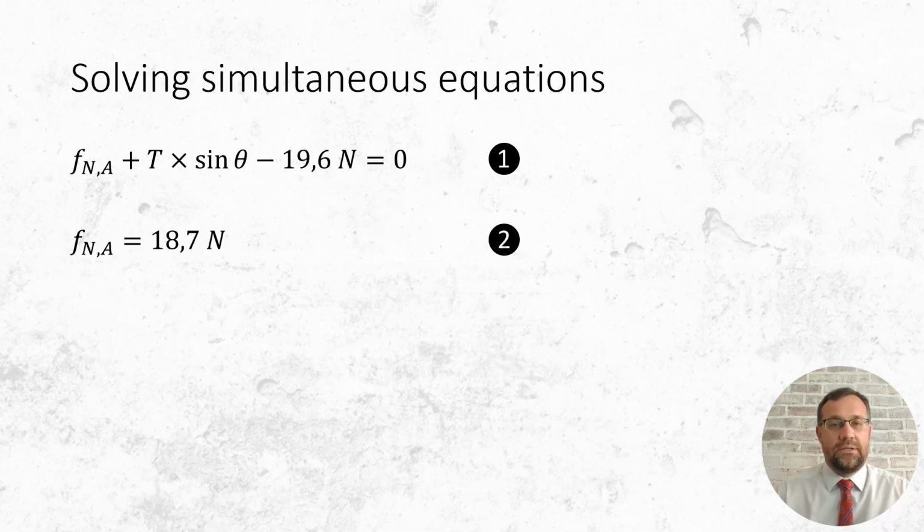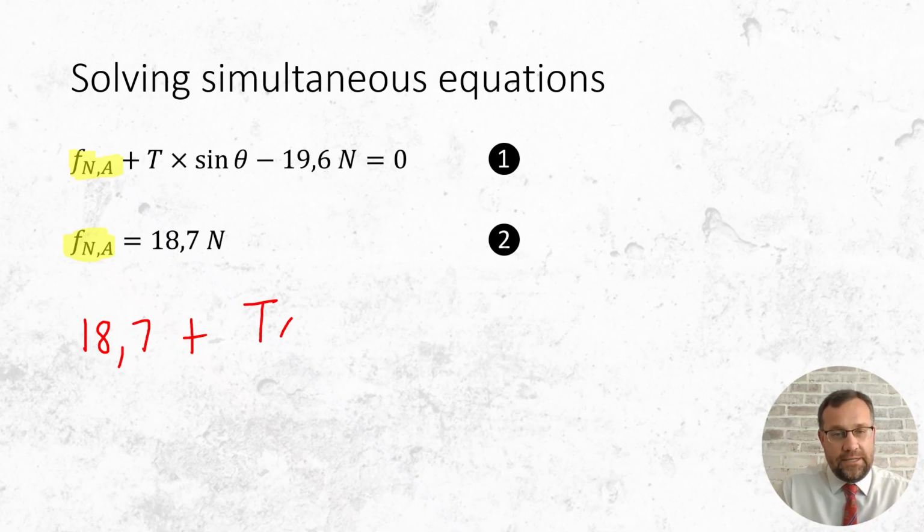Let's now substitute the 18,7 into equation number 1. So that gives us 18,7 plus T times the sine of theta minus 19,6 equal to 0.